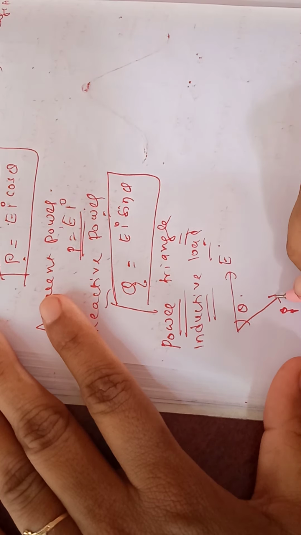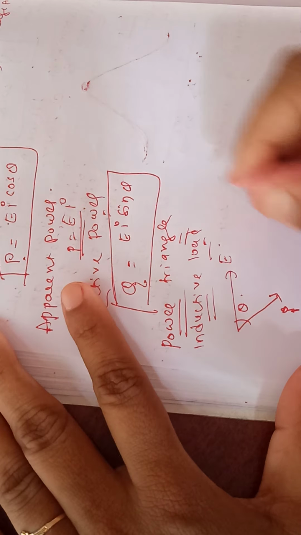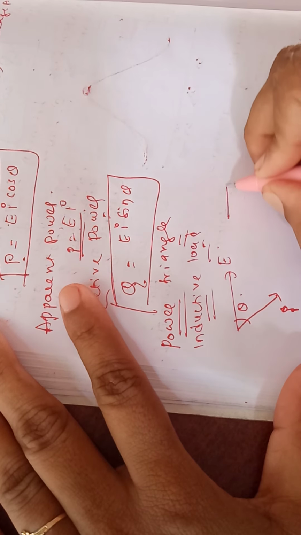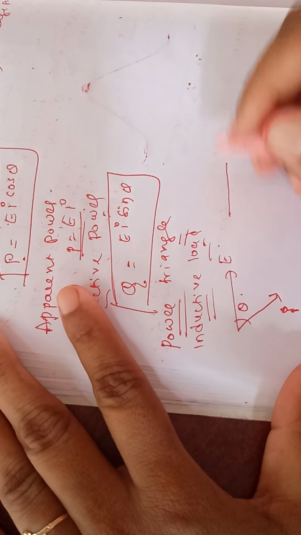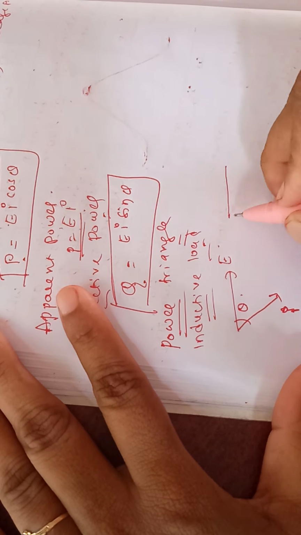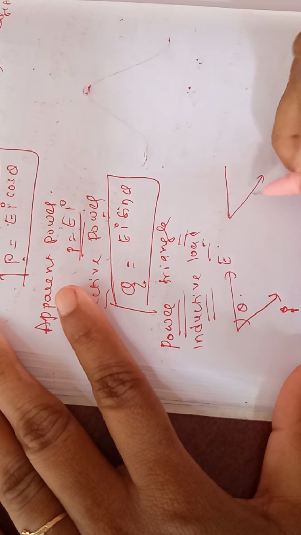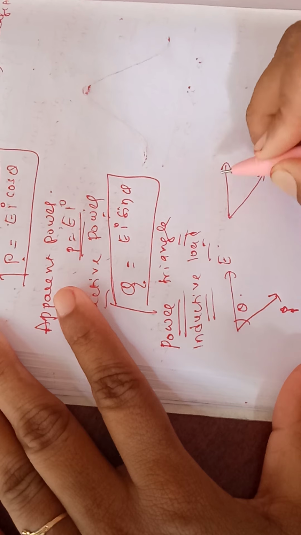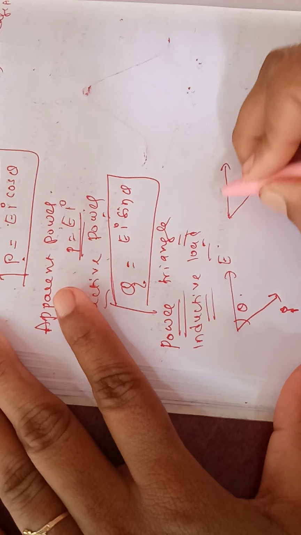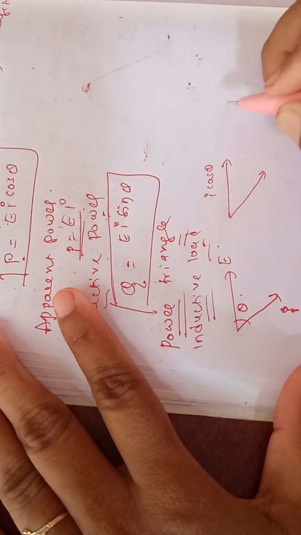Now I am resolving this current into two components. One is along E, that is I cos theta.